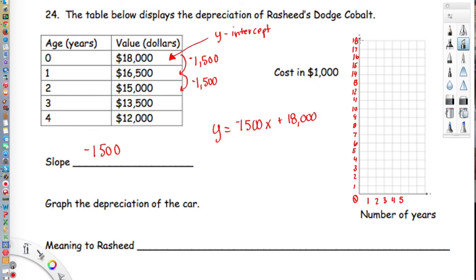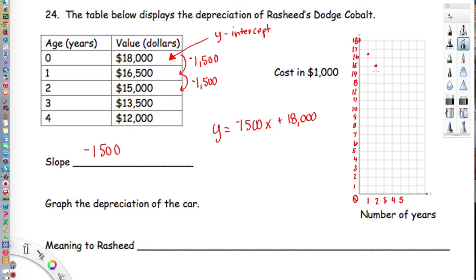Okay, so our starting point would be right here, and then next year it's going to go down 1,500, which would take it down to $16,500. And then the next year, year 2, it's going to drop another $1,500, which will take it down to $15,000.